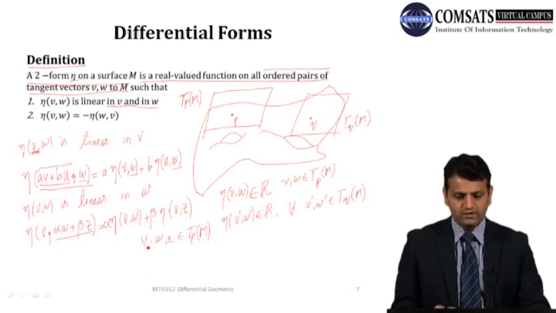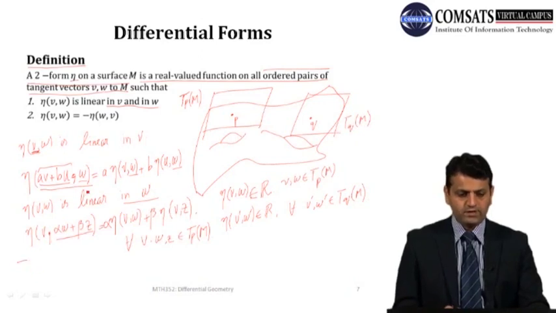So over here V also belongs to TP of M. So this is true for all V, W, Z. इसमें V as it is रहेगा, लेकिन W और Z इस तरीके से डिस्ट्रीब्यूट हो जाएंगे, eta उन पे इस तरीके से डिस्ट्रीब्यूट हो जाएगा. So eta is linear in W or the second coefficient.